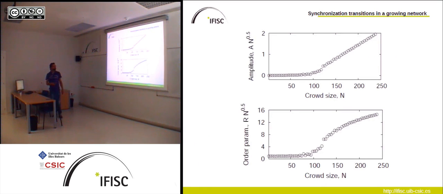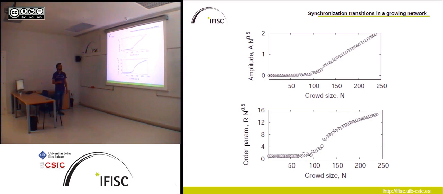So this kind of system leads to these effects for the normalized amplitude of the bridge and also the order parameter. When we increase the crowd size, the number of pedestrians walking on the bridge, this synchronization appears above a certain critical value. Okay?